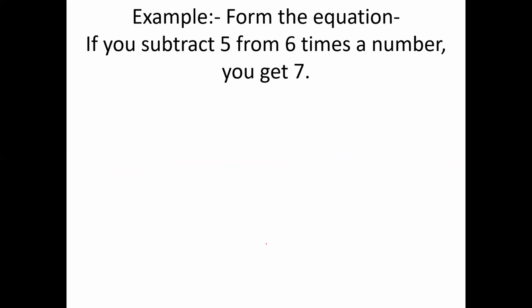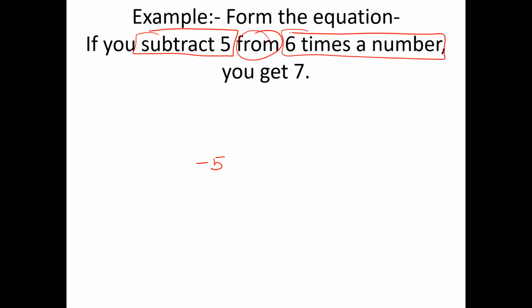We will catch the words. If you subtract 5, we have to subtract 5 from something. From what do we subtract? 6 times a number. We said let the number be x.